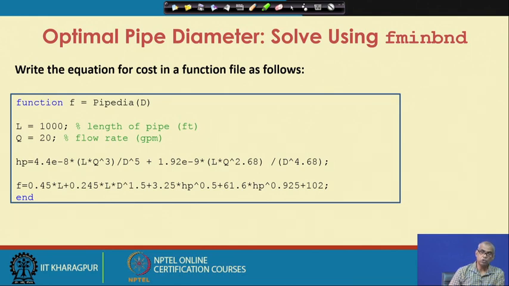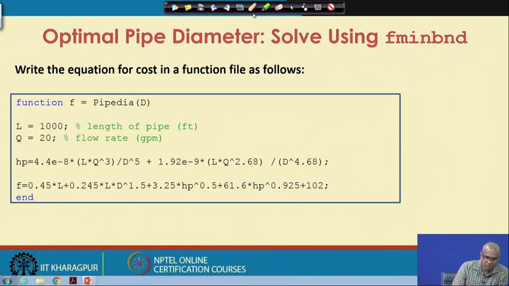So, this is true for all the functions that we have used so far. Syntax is very much similar. So, we create a function file called pipedia, which takes one input, which is d, and this stands for the diameter of the pipe.